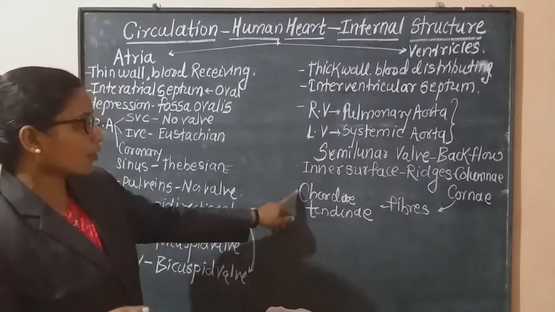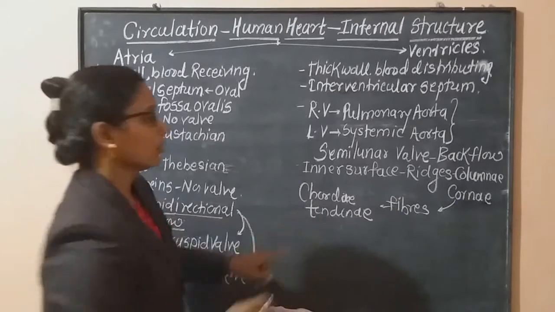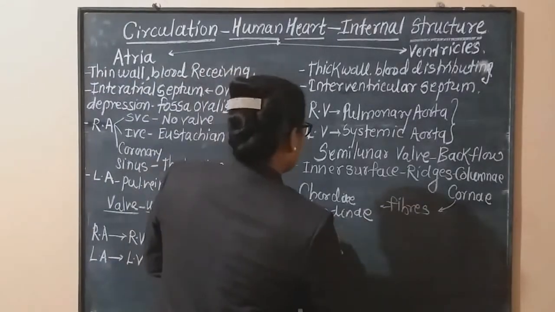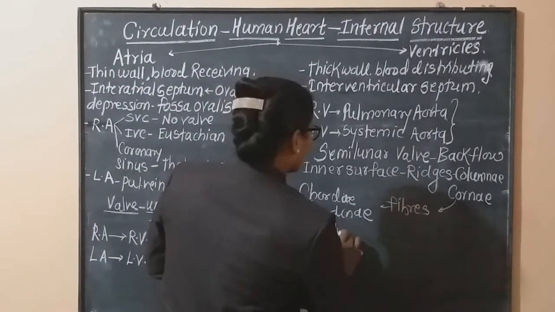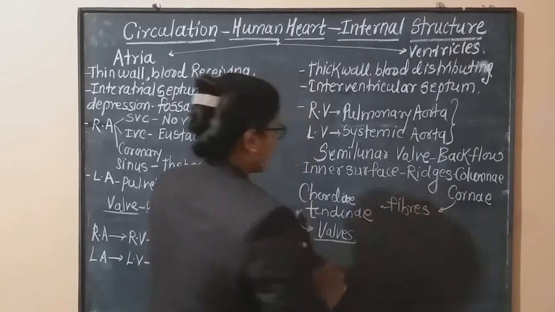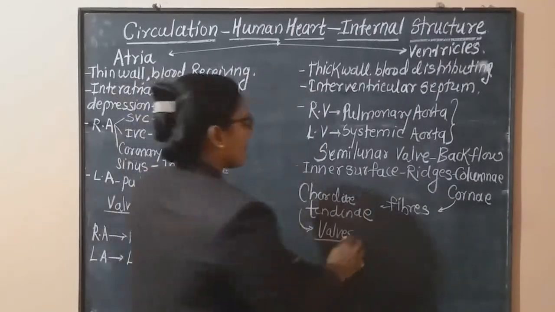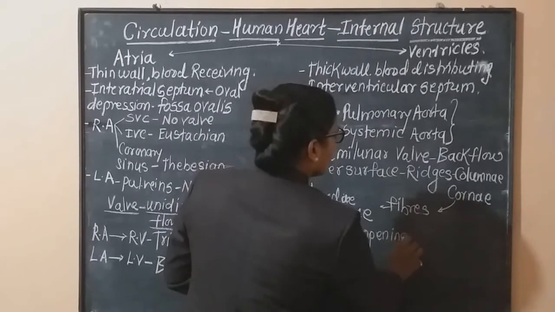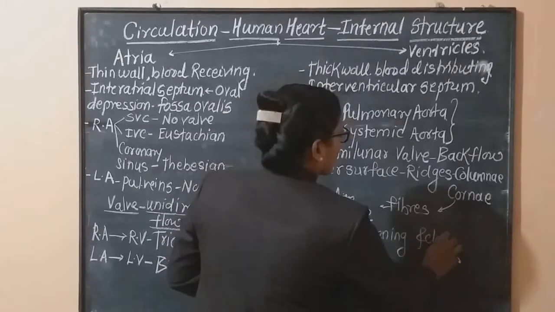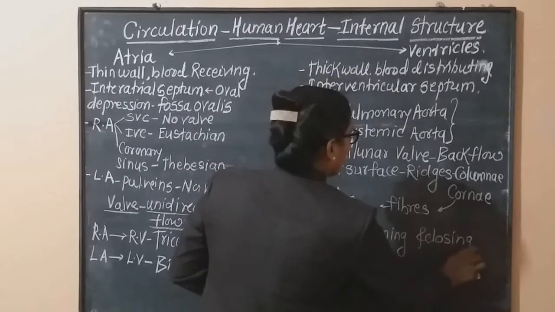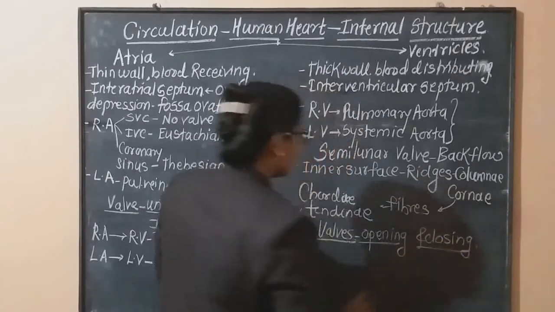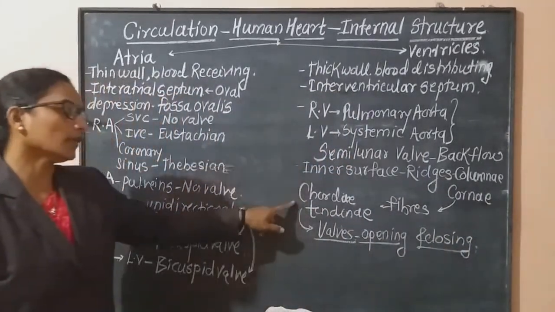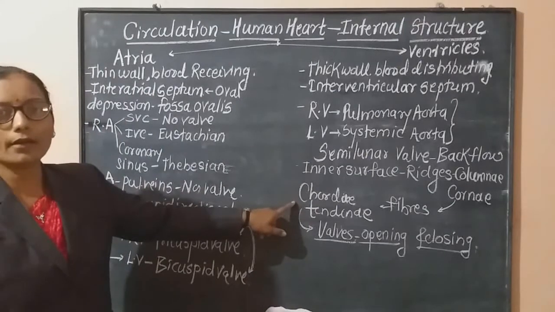The chordae tendineae are connected with the valves, and the opening and closing of the valves is under the control of the chordae tendineae.